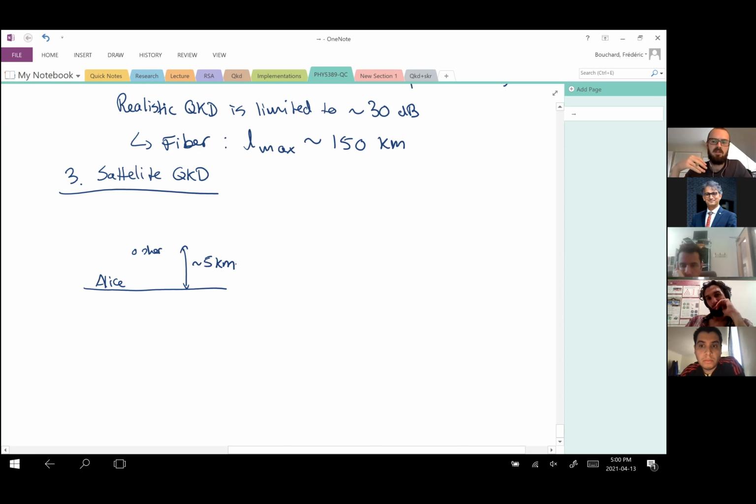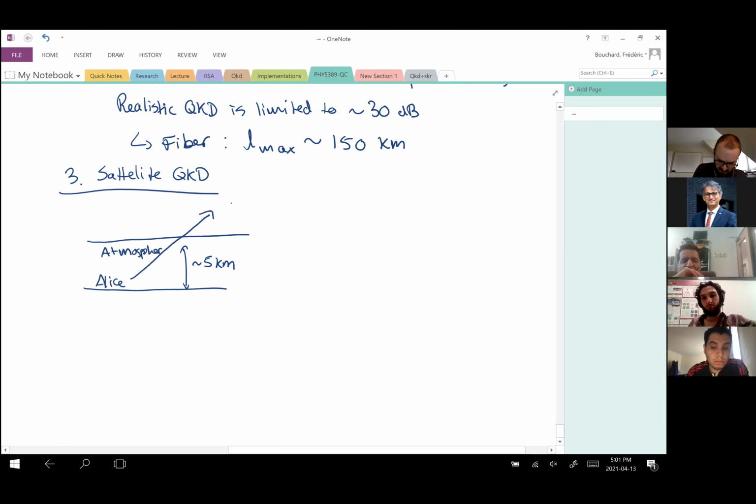After a few kilometers, there's basically no more atmosphere. So that means you don't have absorption, you don't have turbulence, you do have divergence. So you do have the loss from the apertures. But technically, all you need to do is get through that 5 kilometer, and then you should be good.